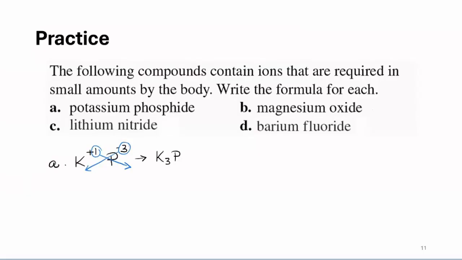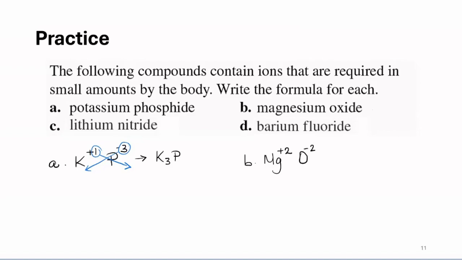Let's do letter B. We have magnesium oxide. Magnesium refers to the element Mg. It lives in 2A, so it has a charge of 2+. Oxide refers to oxygen. Since oxygen lives in 6A, its charge is always -2.